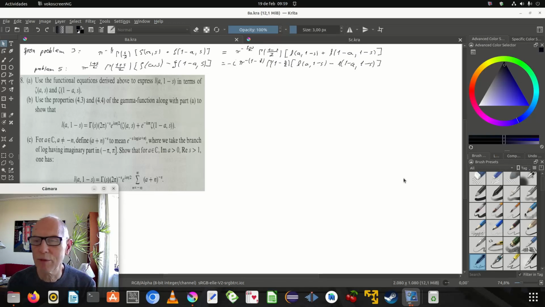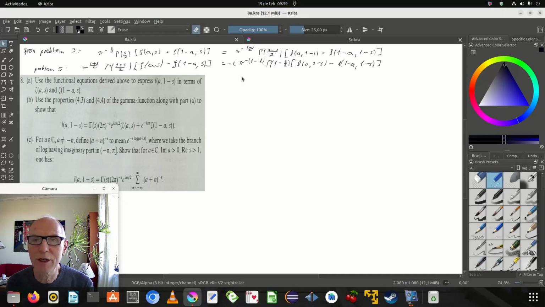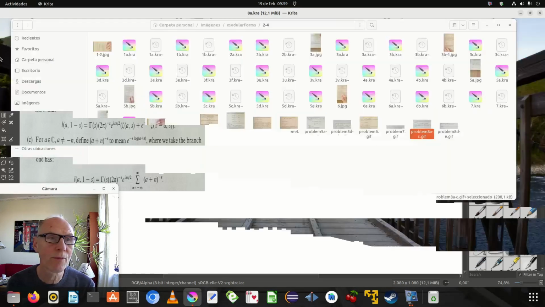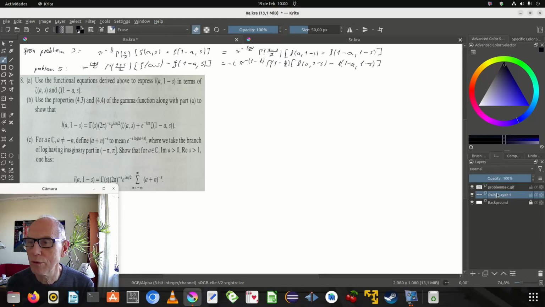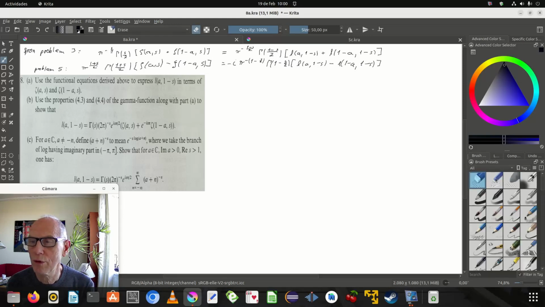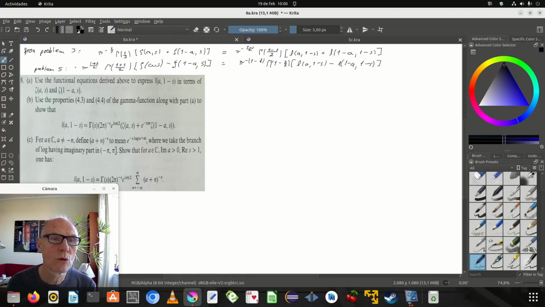So I'll just multiply this one with the imaginary unit. There we go. So if we multiply by minus i, it becomes what we had.